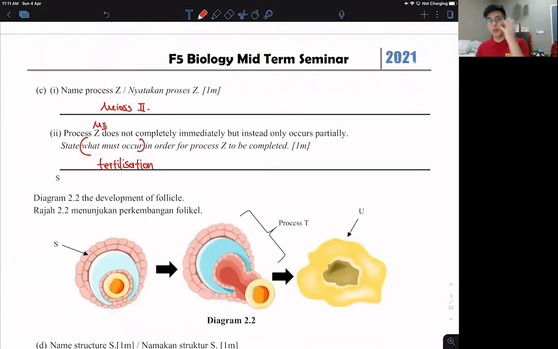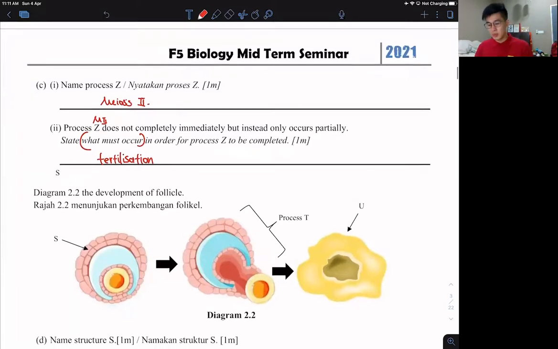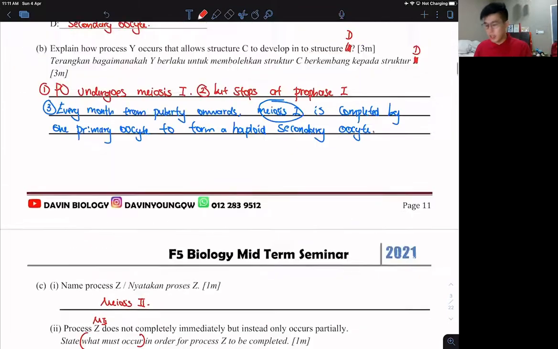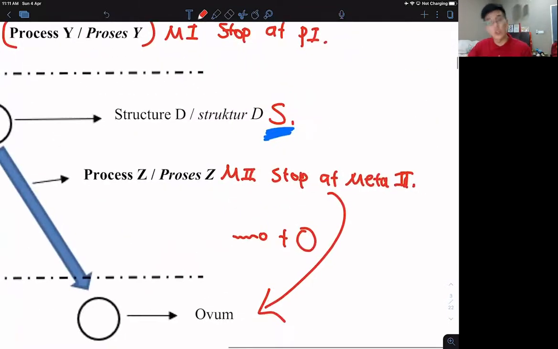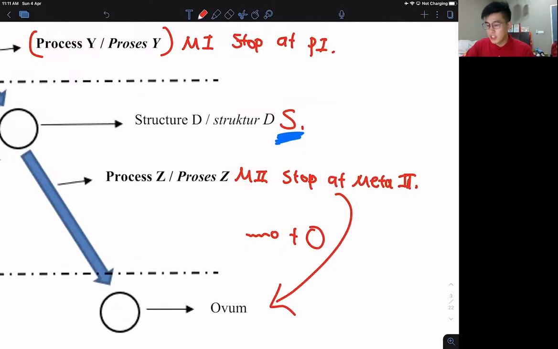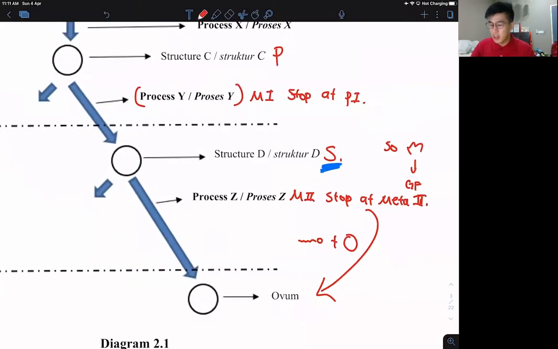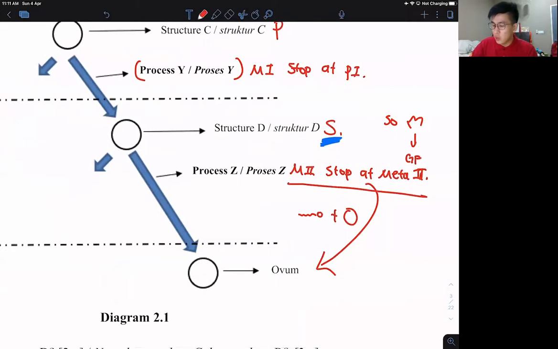Because they asked how can meiosis 2 be completed, it's not development of follicle. When I stop at metaphase 2 that time, the secondary follicle will definitely become the Graafian follicle. This one will definitely occur. But now they're asking how do I complete?